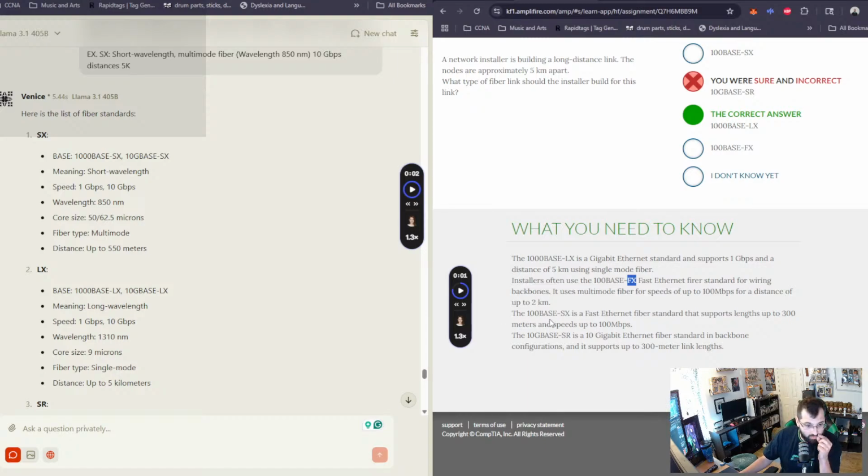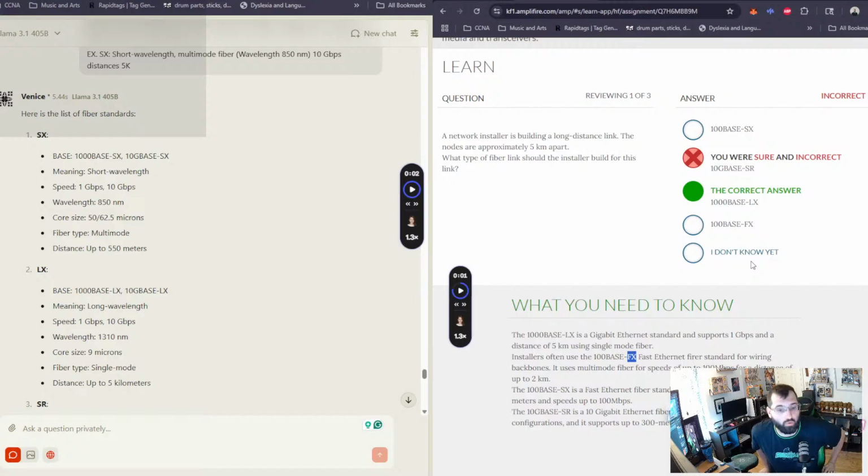Okay, the 100BASE-SX. So basically, I just gotta know which ones are multi-mode and which ones are single mode. That's what it comes down to. I'm starting to understand these are just standards. There's different types of fibers, multi-mode and single mode.